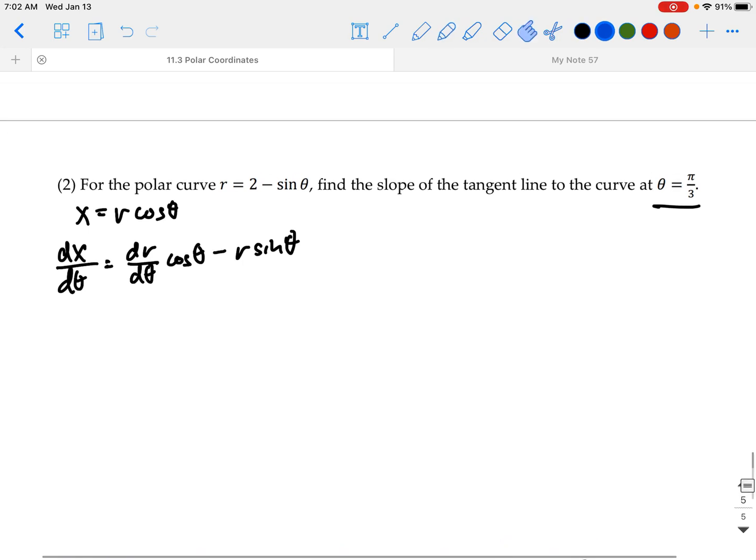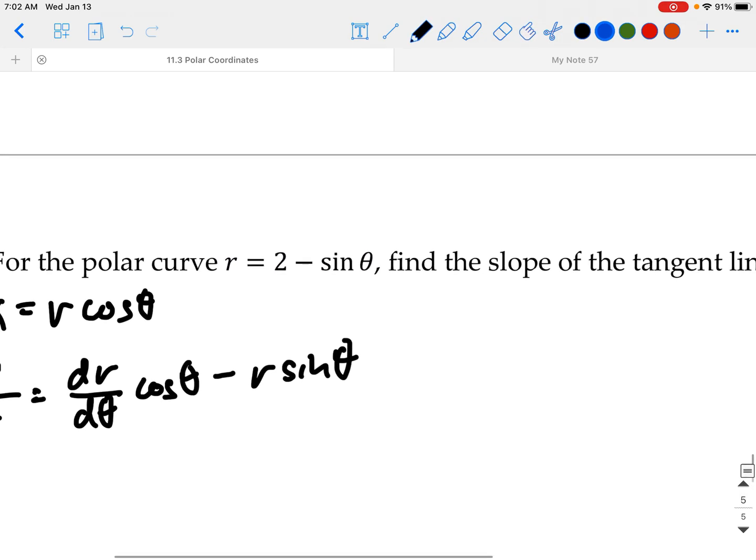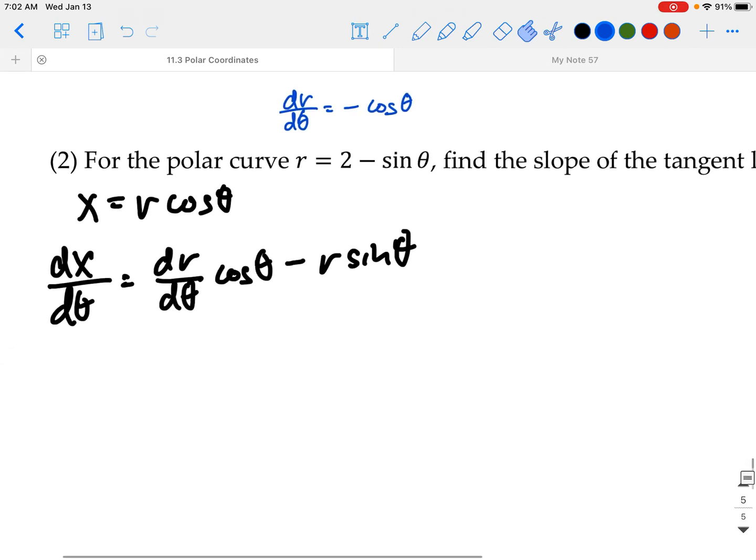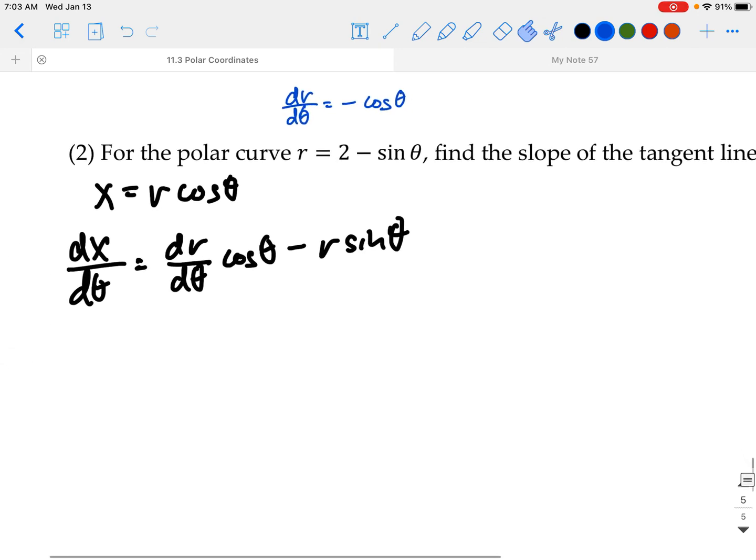What we should note here, however, is that dr d theta is equal to negative cosine theta. So we'll want to know what dr d theta is since we need to substitute it into our derivative expressions for dx d theta and dy d theta.